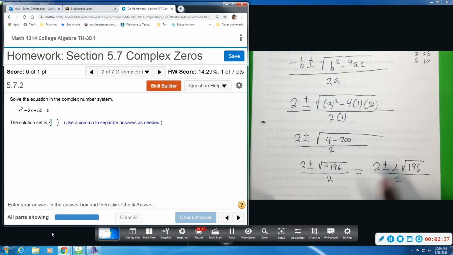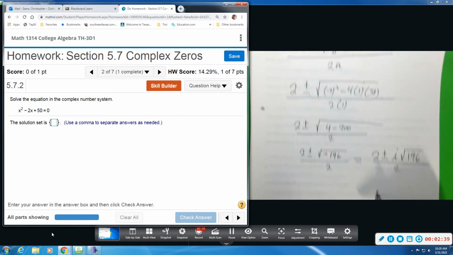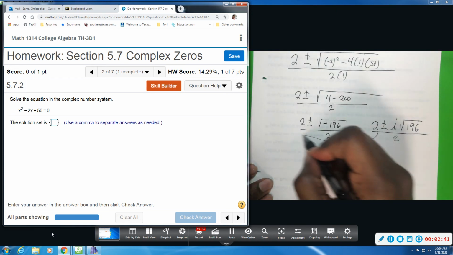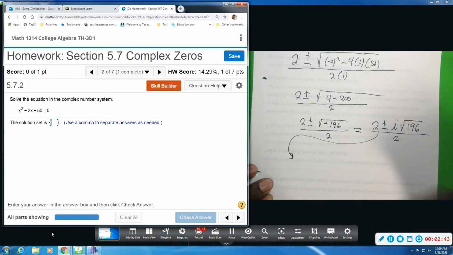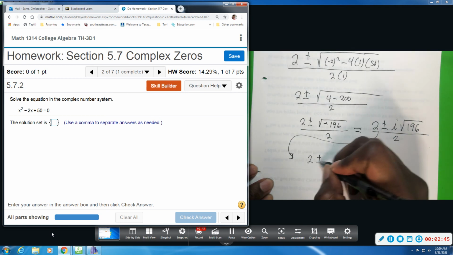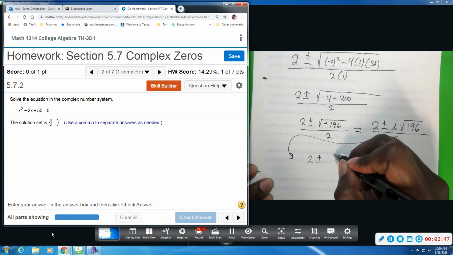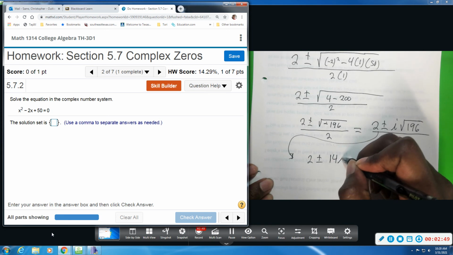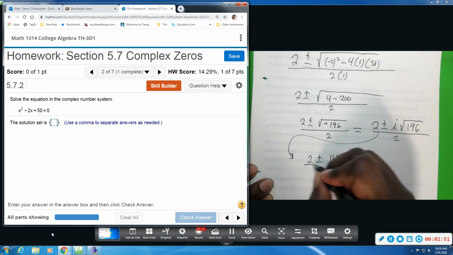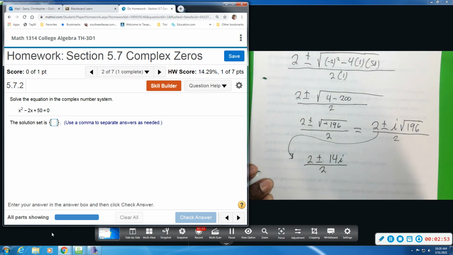So we're going to wrap around here. And we have 2 plus or minus 14i divided by 2. And then we can divide both these terms by 2.